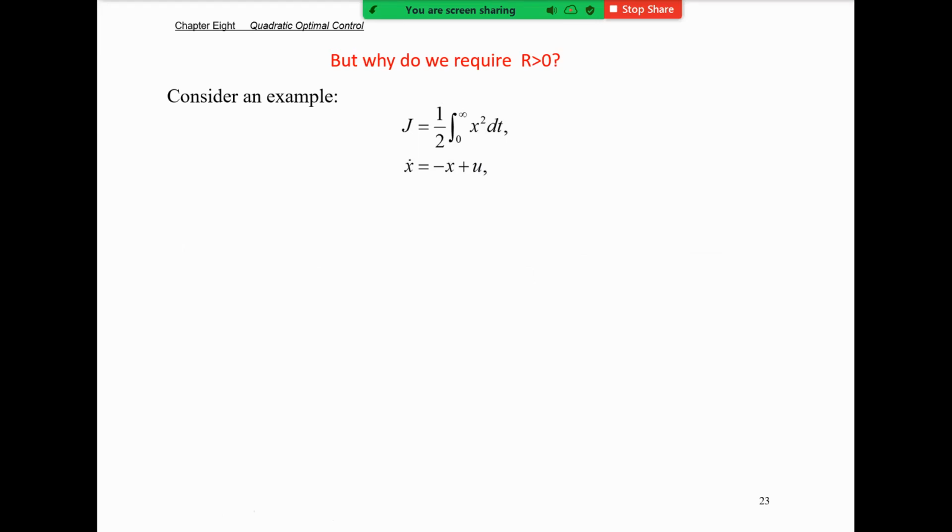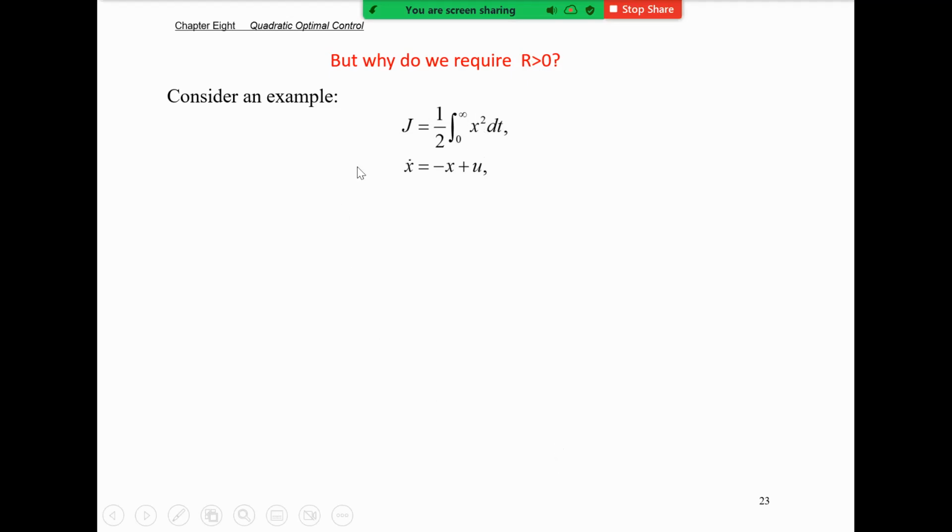Well, R is 0, so we say R is positive semi-definite. If we want R to be positive definite, R has to be bigger than 0. Here we want to show why R cannot be 0.